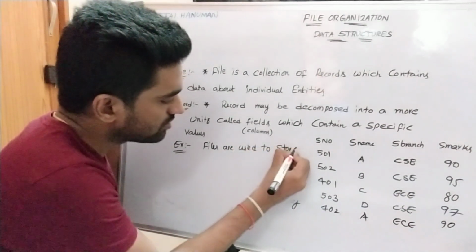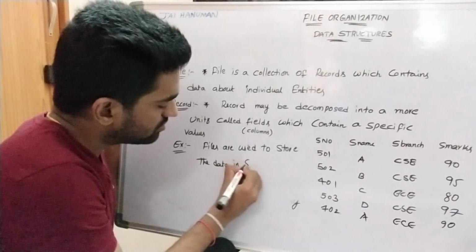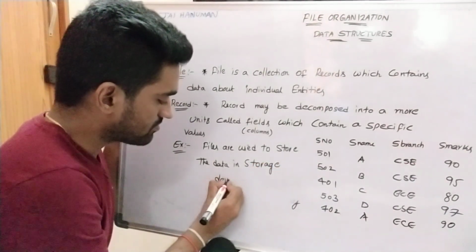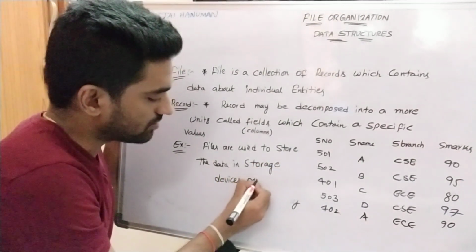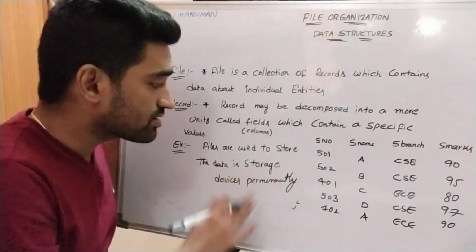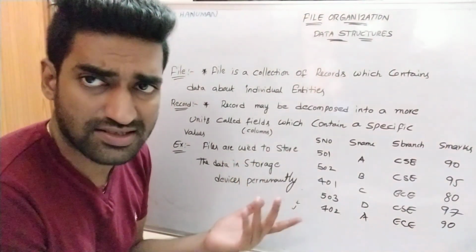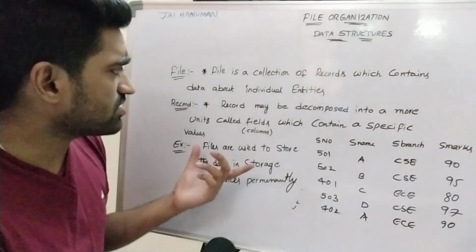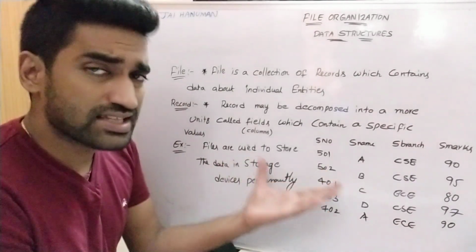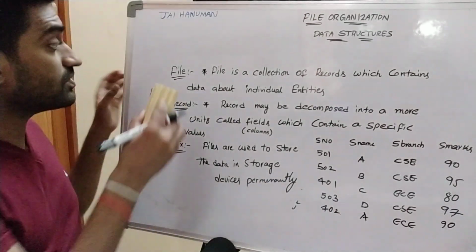Either primary memory or secondary memory, whatever, right? So this is the introduction to what is a file, what is a record, and what is an example for a file, right? So then we are discussing file organization.